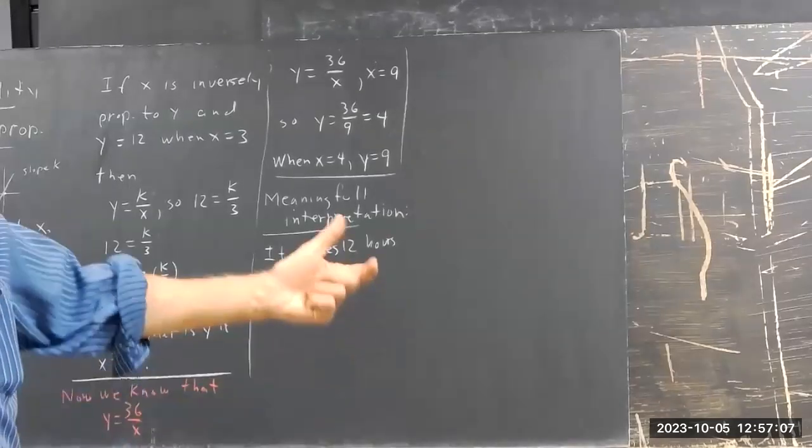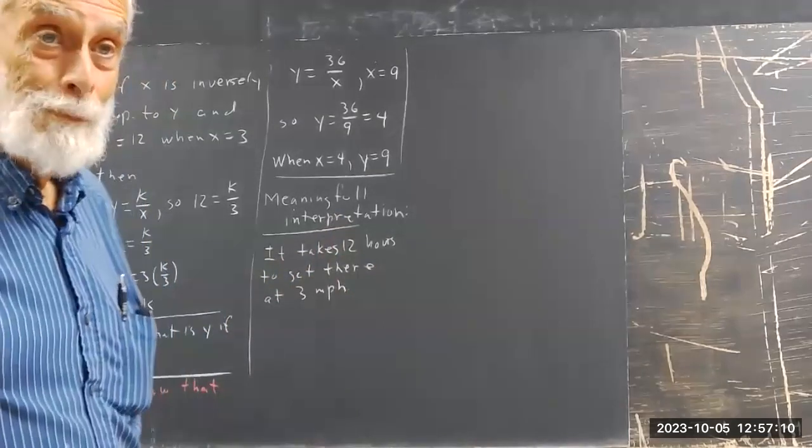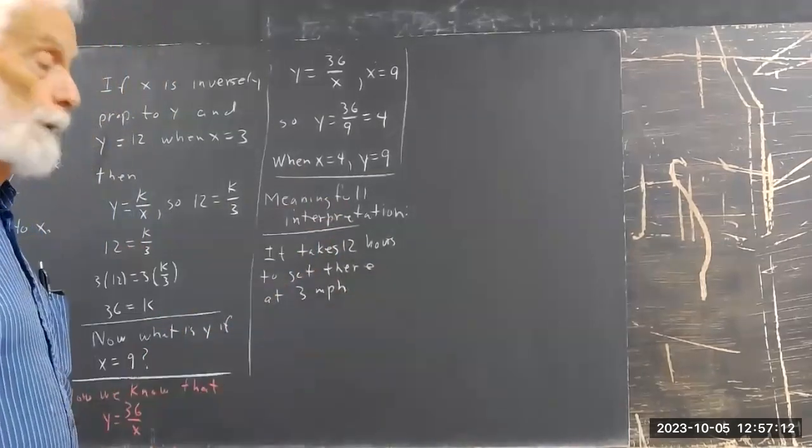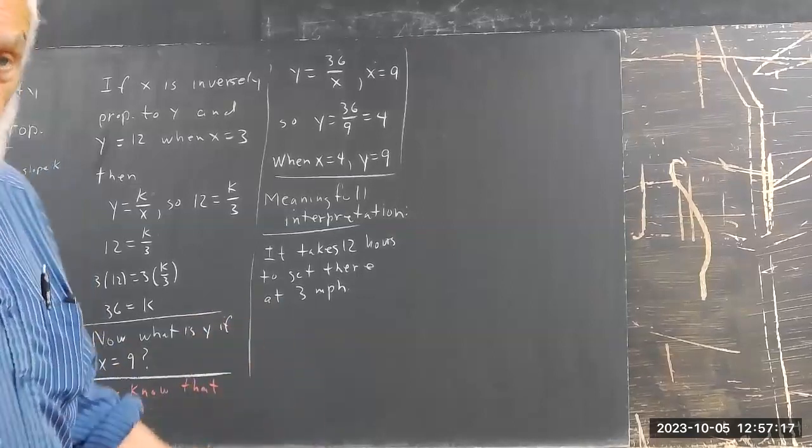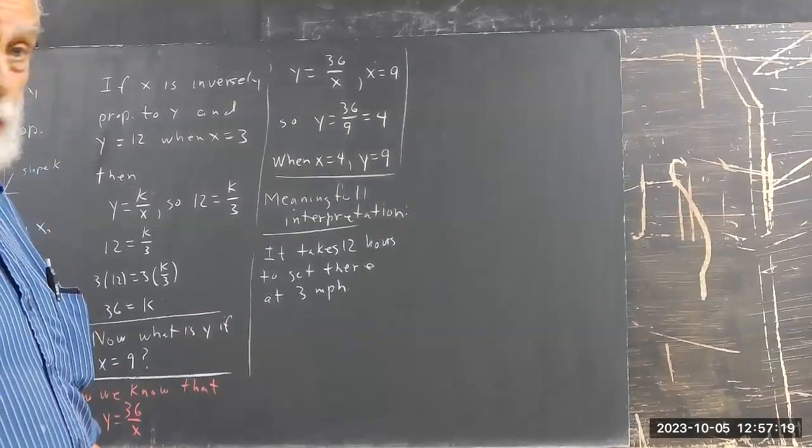Okay, not where, I don't know, just a sum. So you're walking 3 miles per hour, you're going to be walking 12 hours. To do the same trip at 9 miles an hour, it takes 4 hours.